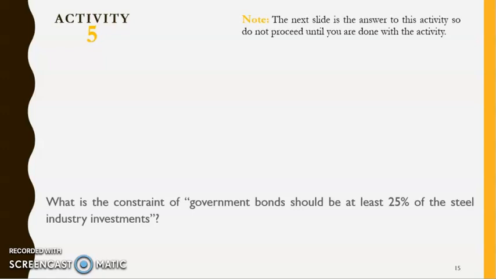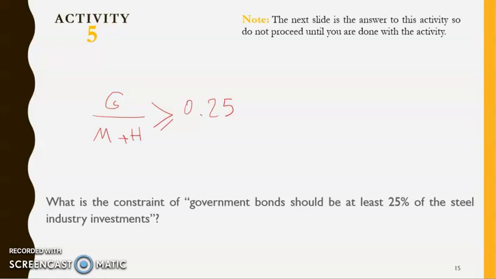Okay, let's formalize it in this way. The balance says like this: the government bonds, G, over the total investment in the steel industry, M plus H, should be at least, so it is equal or greater than 25%.